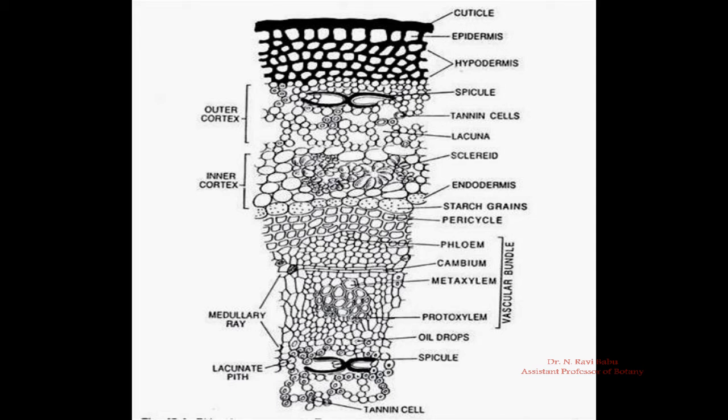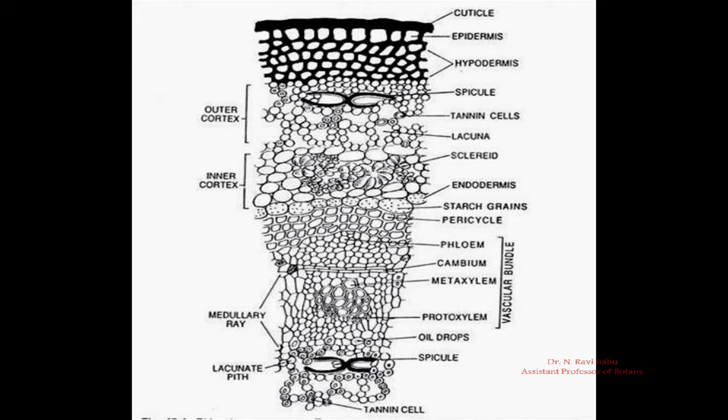Here, star-shaped sclerites and H-shaped, heavily thickened spicules provide mechanical strength to the cortex. They are present in the stem.